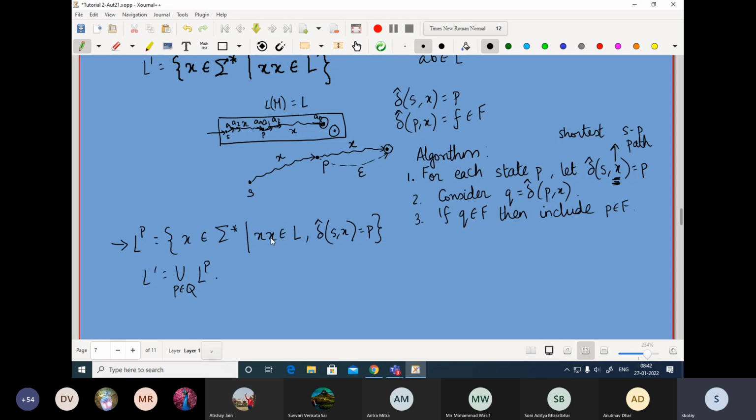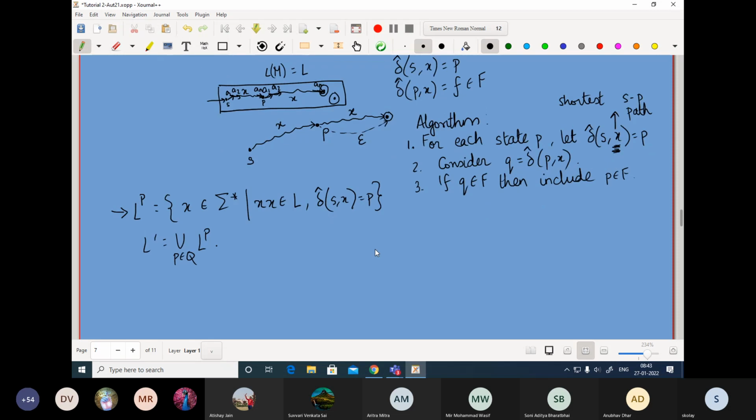I'm only considering those strings such that if you double that, the midpoint lies in P in M. Can you construct a DFA for this using M? Not necessarily a DFA, anything using M, you define a finite automata accepting LP. Because if I can construct it for LP, this is a finite union. So I know that there exists a finite automata for L dash.